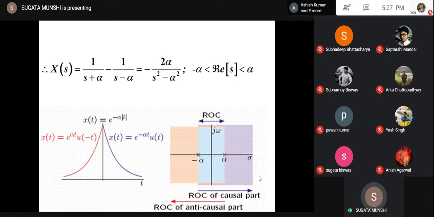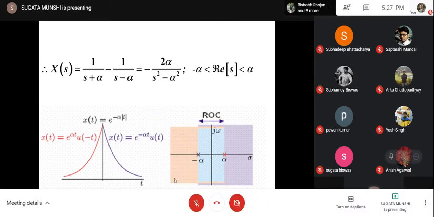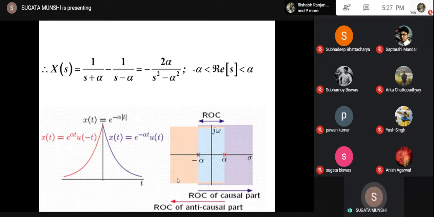If it is an anti-causal signal of infinite duration, it will extend to the left of a particular value of s and extend up to minus infinity. And because xt is an infinite duration two-sided signal, remember, therefore the region of convergence has a finite width in the direction of sigma axis.